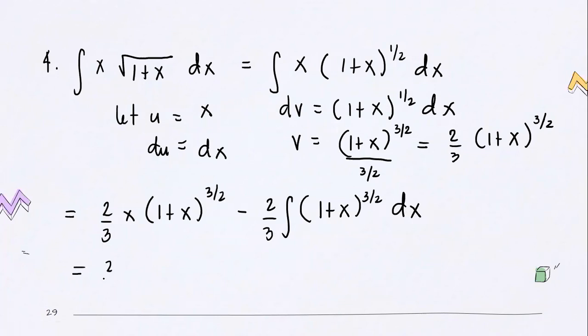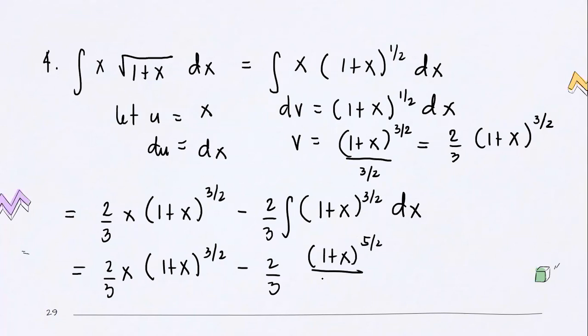Equal to 2/3 x times 1 plus x raised to 3 halves minus 2/3, using the power formula. Therefore, that is 1 plus x, 3 halves plus 1, that is 5 over 2. So that is over 5 over 2 plus c.